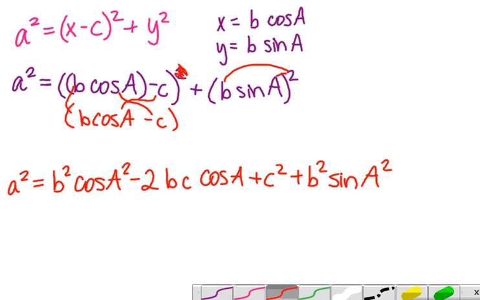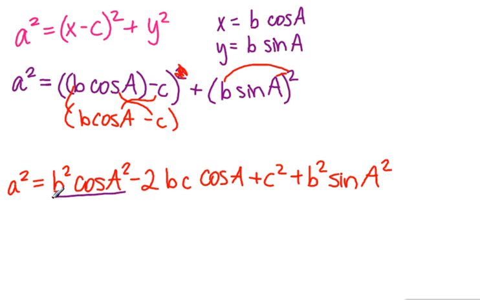So from here, switching colors back to purple, it wants you to gather all the b terms together, okay? So here's a b term, a b squared term, and here's a b squared term. So what we're going to do is factor out our b squared terms. So we've got a squared equals, I'm going to drag this c and put it up front. C squared plus, I'm going to take out my b squareds from here and from here.